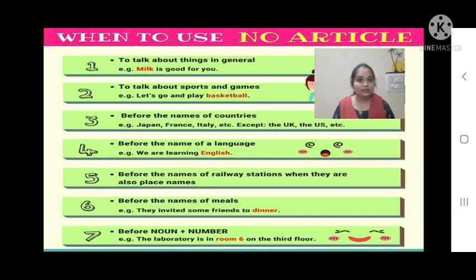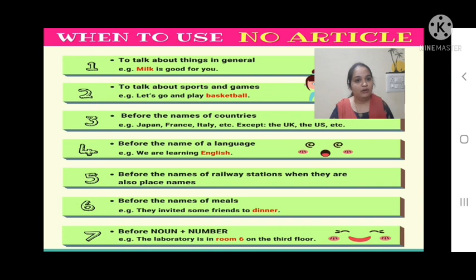We just use basketball for sports and games. And when we are talking about general, no article should be used before the names of the countries. For example, Japan, France, Italy. So here we do not use a, an or the except for the UK and the US.